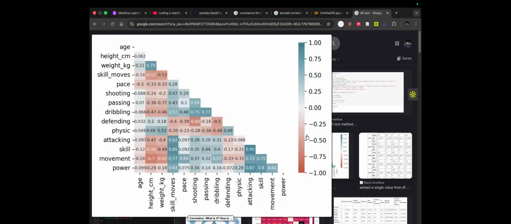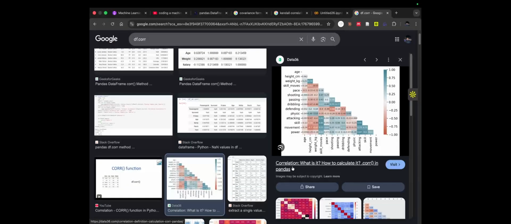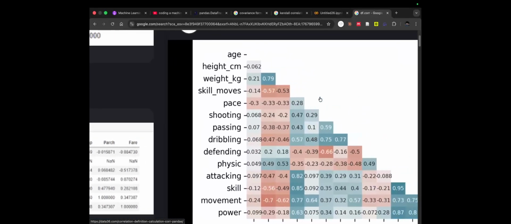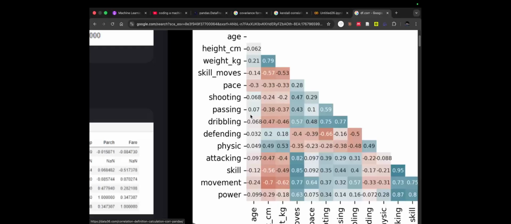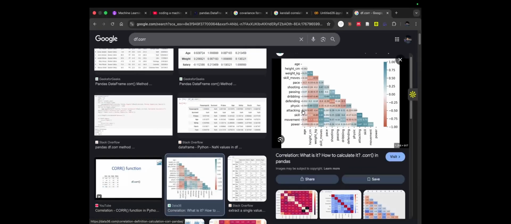Here you have some correlation between two variables. This is from a website, I don't know, Data36. You can see the correlation between maybe height in centimeters and age, weight in kilograms, and so on. This is the correlation we are getting.